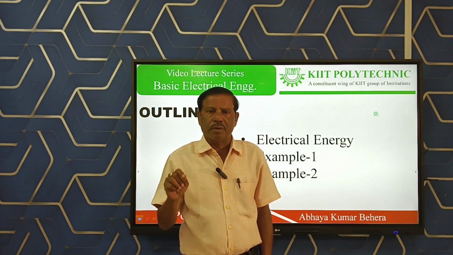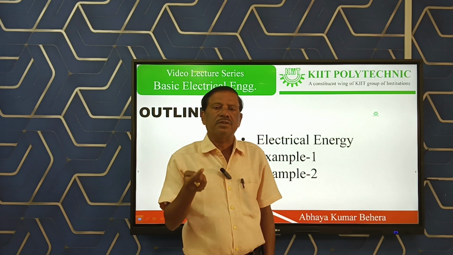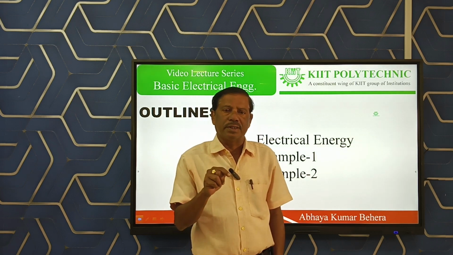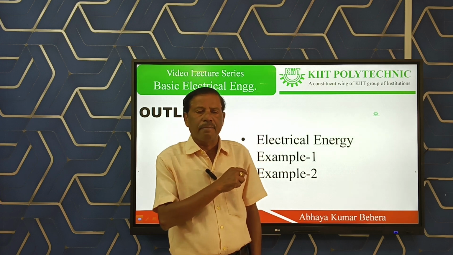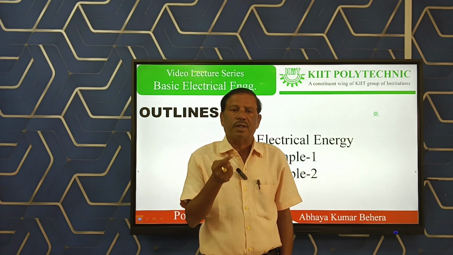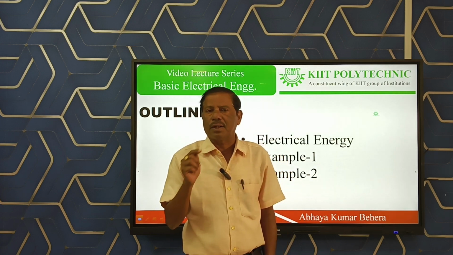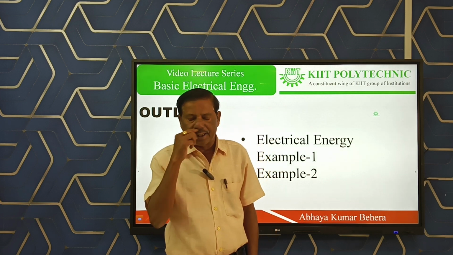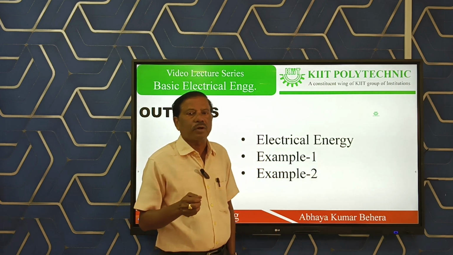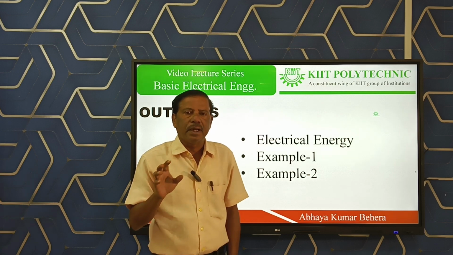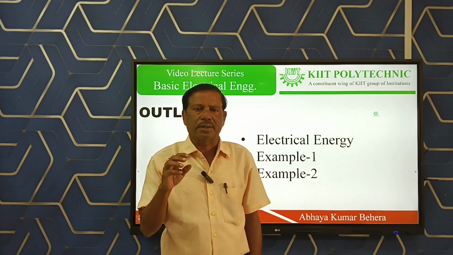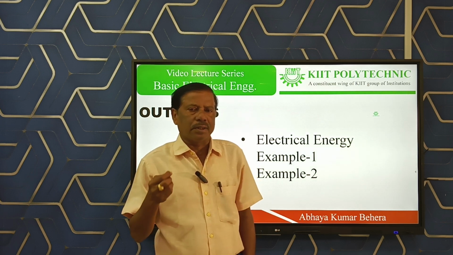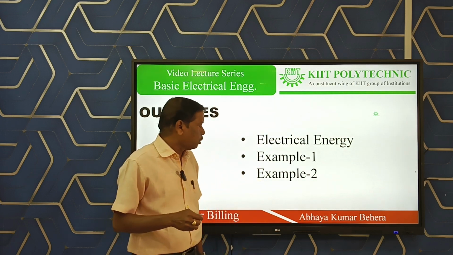Now the question is, what is a unit and how is it calculated? I'll show it in my slide. But one unit is 1 kilowatt hour. That is, the unit is according to the Board of Trade unit. One BOT, Board of Trade, is a commercial body, and they have made this unit system. That is called one unit is 1 kilowatt hour.